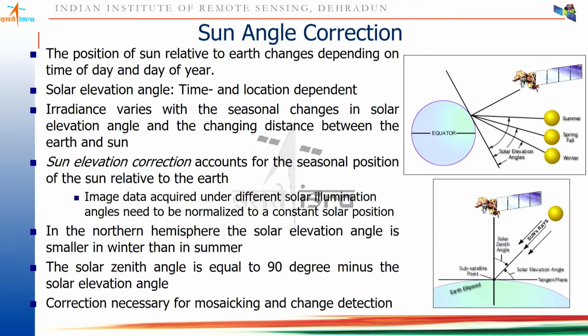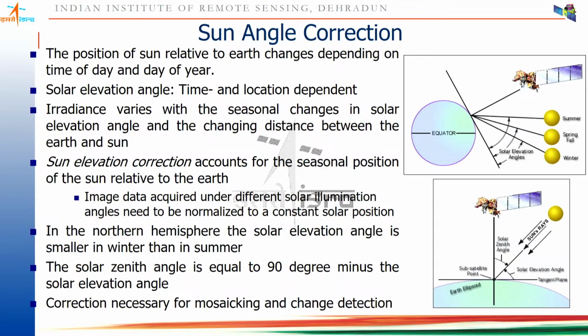We all know the position of the sun changes depending upon the time of the day and the day of the year; the position of the sun relative to the earth keeps changing. So that means the solar elevation angle, that is the angle of the sun above the horizon, is time dependent.